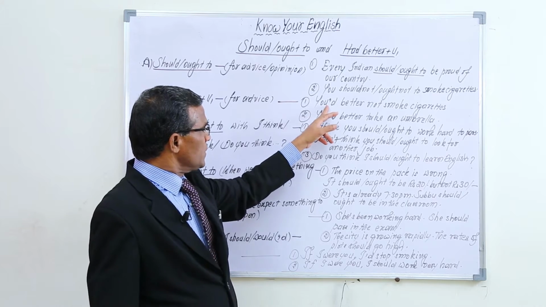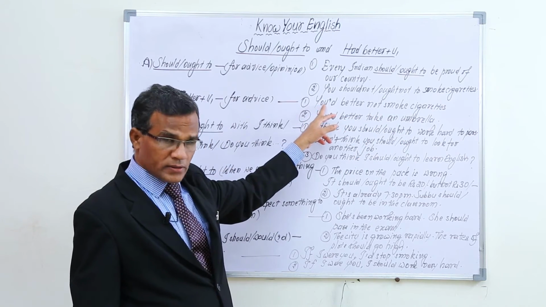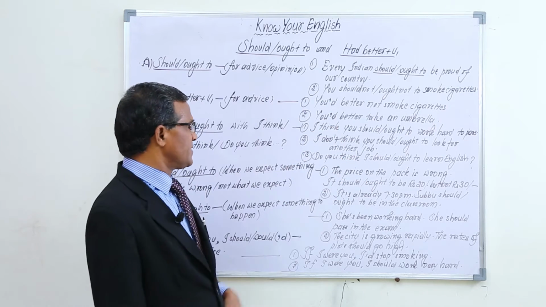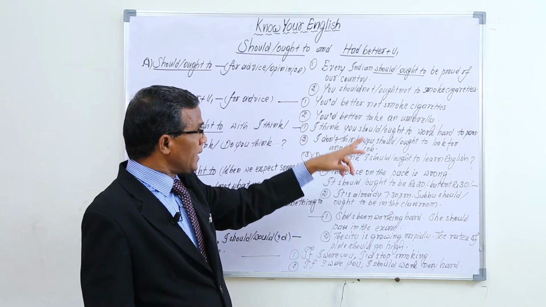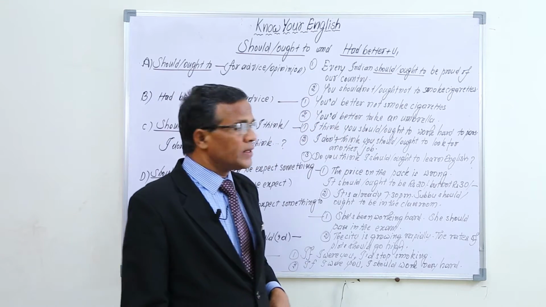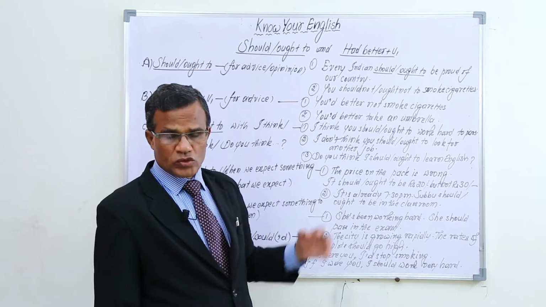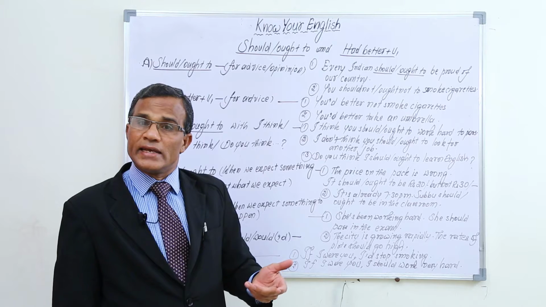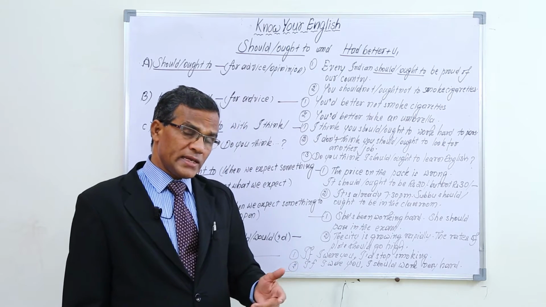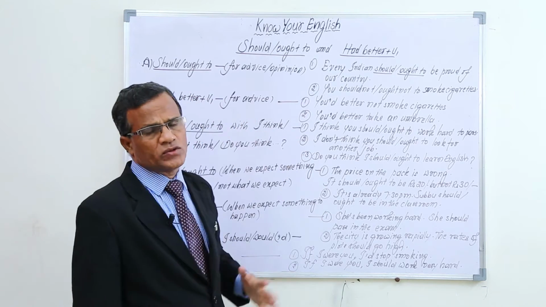That's why, you see, with you'd better not smoke cigarettes we have used it in a particular situation. We are talking about the person who is in front of us. This is a particular situation, and not only that. When we say you'd better not smoke cigarettes, if you don't follow this, there is a hint of danger or problem. When we feel there is a hint of danger or problem, then we can use had better plus V1.